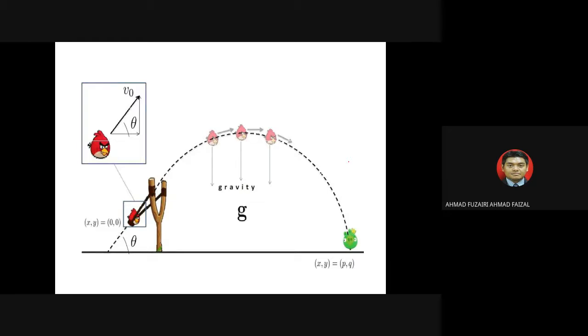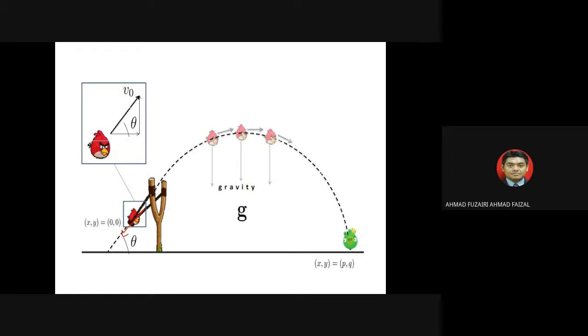This is the concept where you want this bird to hit the green pig over here, but you need to do some damage. You need to calculate. You need to know the right angle, the correct velocities.